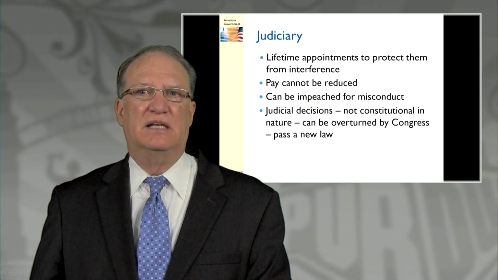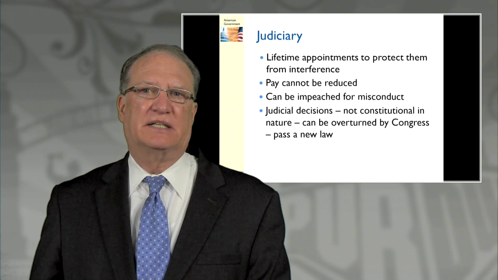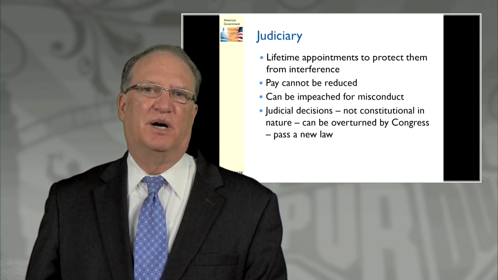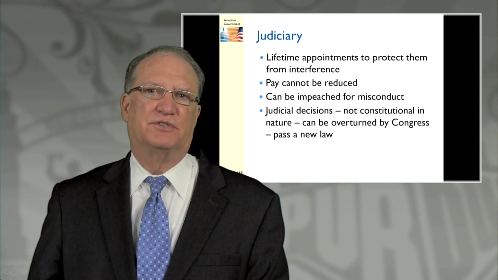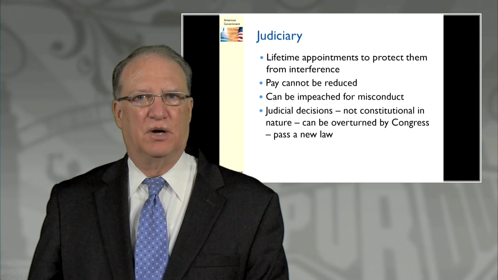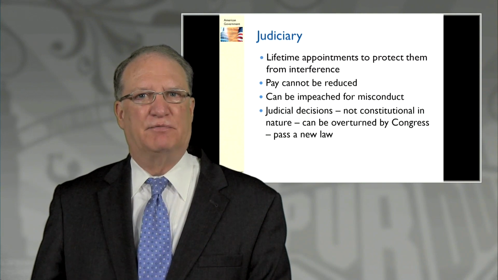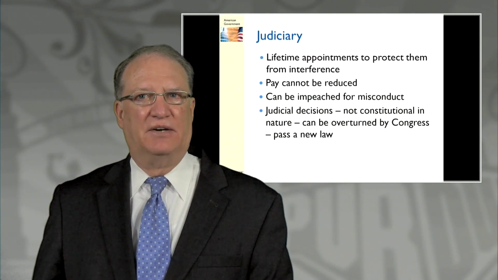The judiciary: judges have lifetime appointments to protect them from interference. But in a very clever provision, the founders said you can't reduce their pay while they're in service. So while you can have a lifetime appointment, if the Congress could reduce your pay, that would be a form of punishment. So they check that.